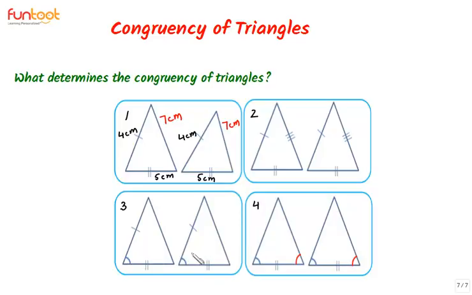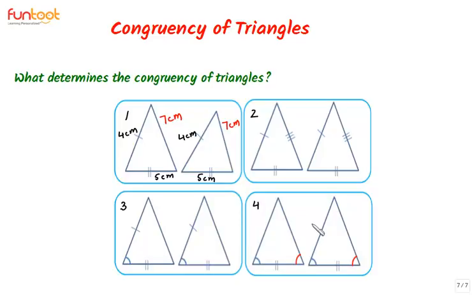When the students construct these two triangles with this given data, they will find that the two triangles constructed are congruent. That means the triangles perfectly cover each other. So this means that when we are given two corresponding sides and the included angle is equal, we can know that the two triangles are congruent.